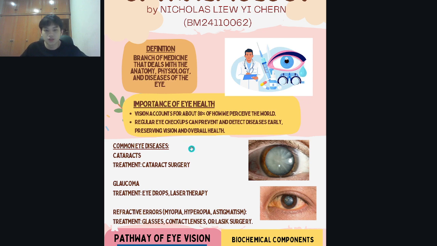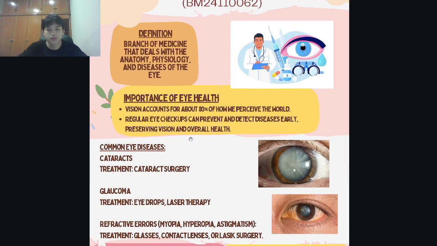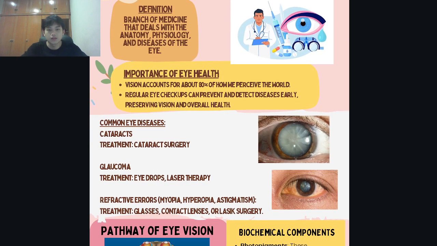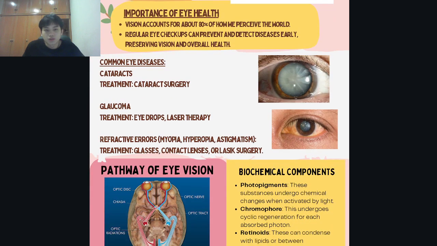It accounts for 80% of how we see the world. It is highly recommended that eye checkups should be often to prevent and detect diseases early and preserve vision and overall health.